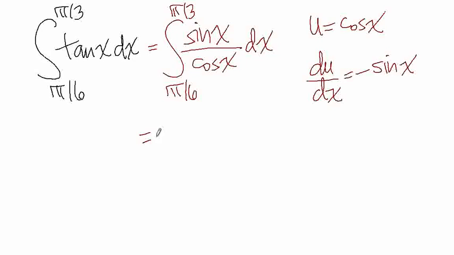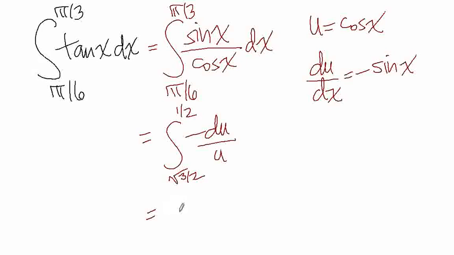So that means I can rewrite the original integral as minus the integral of 1 over u with respect to u, and I'm going to do that integral with the following limits of integration: the cosine of pi over 6 and the cosine of pi over 3. Cosine of pi over 6 is root 3 over 2. Cosine of pi over 3 is a half. So there you have it.